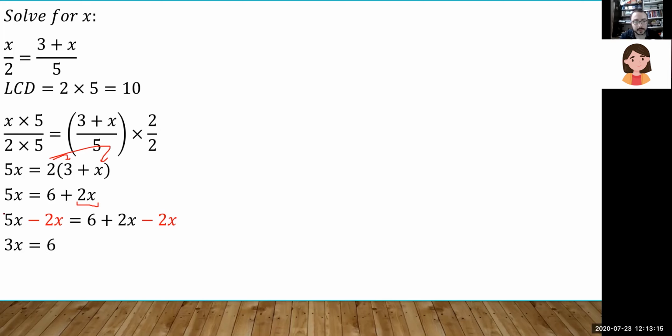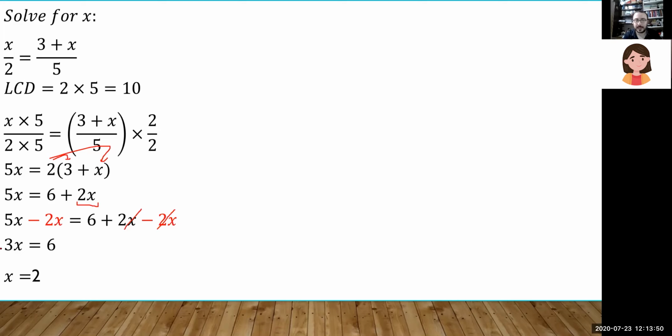And 5x minus 2x is 3x. And here 2x is gone. You have only 6. 3x equals 6. So x equals, you divide by 3, and you will have x equals 2.